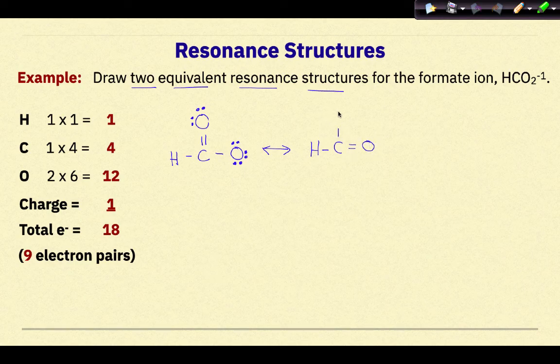I'm going to put a single bond with an oxygen up here. Lone pair, lone pair, lone pair, and then just two non-bonding pairs right here. And now I have my two resonance structures. So the electrons have shifted from one oxygen over to the other oxygen.